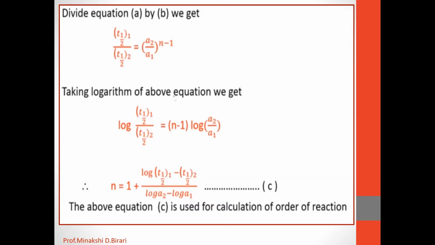Many times the value of the order comes out a fraction, but it is near to an integer. In such cases, the nearest whole number integer gives the order of the reaction. So it is the half-life method, by using which also we can determine order of reaction.